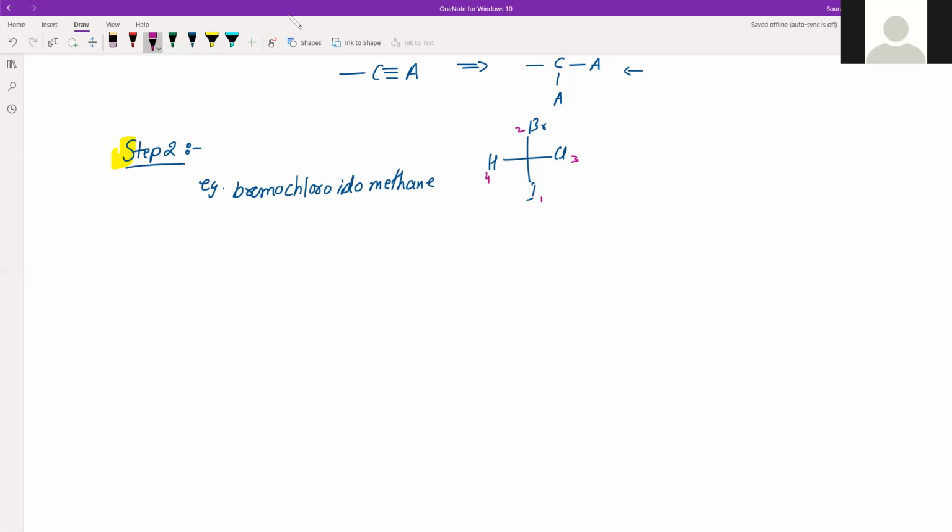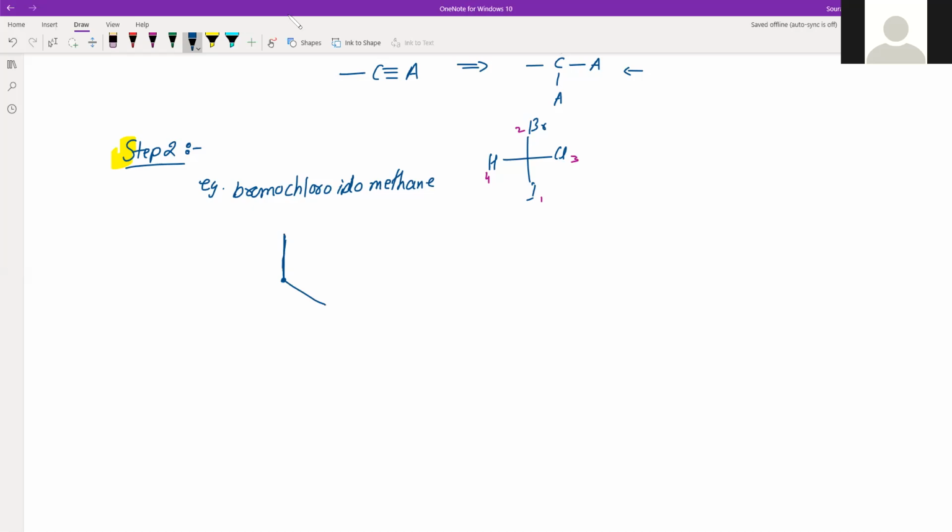In 3D, we represent a tetrahedral molecule like this: 3 centers, or 2 bonds, on the plane. This is the central carbon. This is one bond, this is the second bond, and these are on the plane.